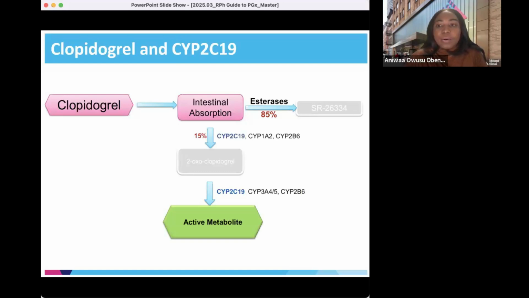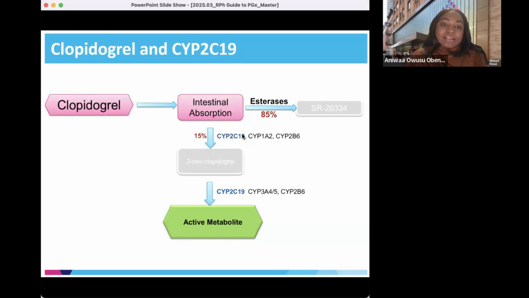So clopidogrel is an antiplatelet agent. It needs to be bioconverted in a two-step bioactivation process to its active metabolite. So clopidogrel is a prodrug. About 85% of the ingested clopidogrel is converted by esterases into inactive metabolites. So 15% of the clopidogrel that is ingested is converted in the two-step bioactivation process into this active metabolite.